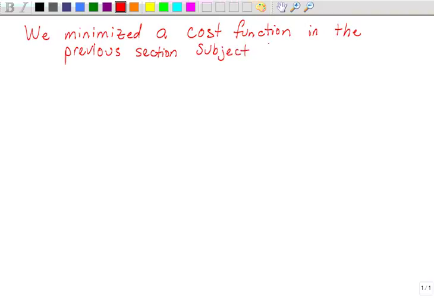So we say it's subject to a constraint that the volume of the box was constant. Actually, it was an aquarium.